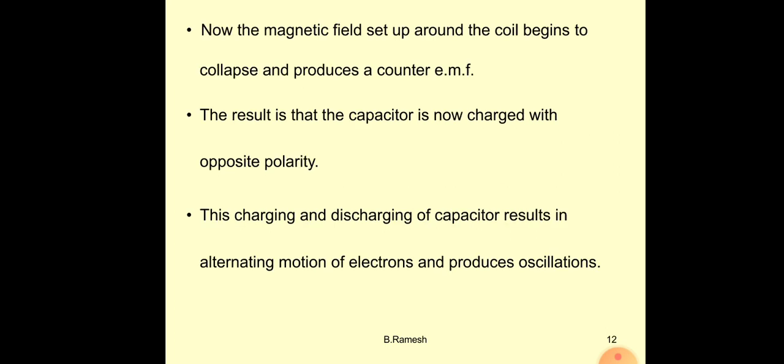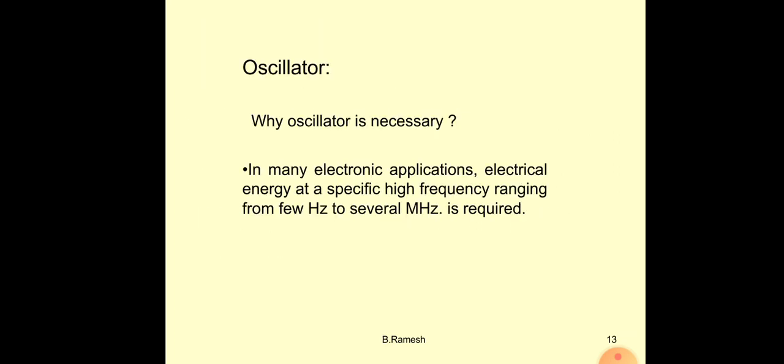So these are the slides. Now, what is an oscillator? What is the need of this oscillator, where are we using oscillator circuits? Generally the oscillator circuit produces the carrier signal at the communication level.